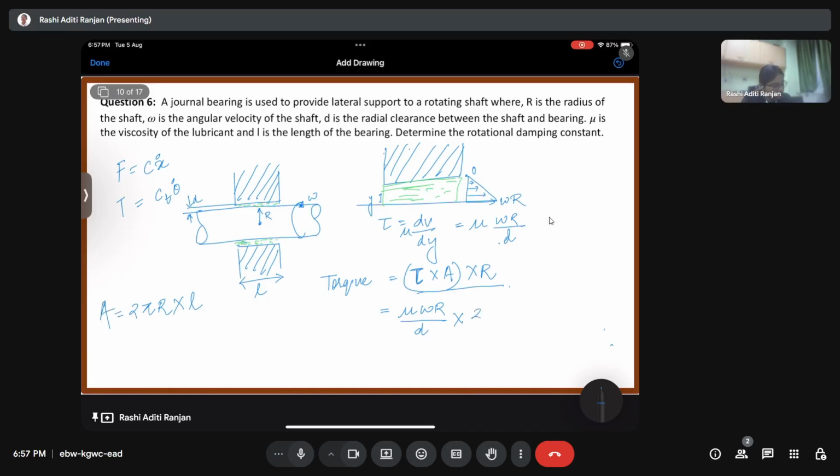So we can write it as 2 pi R L into the arm length. This turns out to be mu omega R cube L by D. There will also be a 2 pi. So 2 pi mu omega R cube L by D.